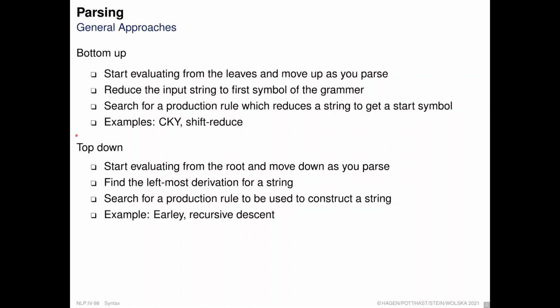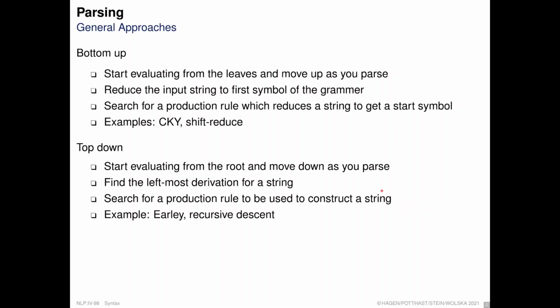There's also a different approach to parsing. We didn't have examples of this approach. This is an early approach to parsing. In top-down parsing, we start evaluating from the root and move down, basically. And we try to find, in a way, a leftmost derivation for a string. So we collect productions by expanding the so-called right periphery. So we are basically searching for a production rule that can be used to construct that string.